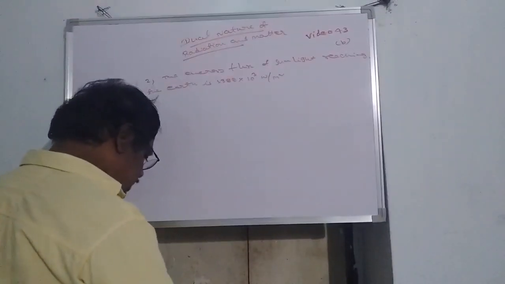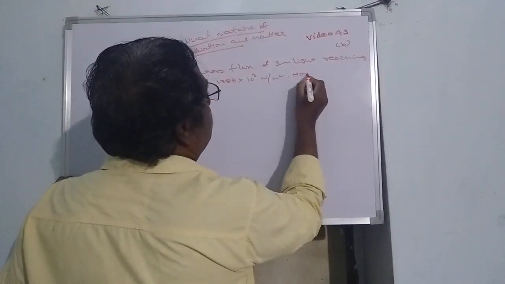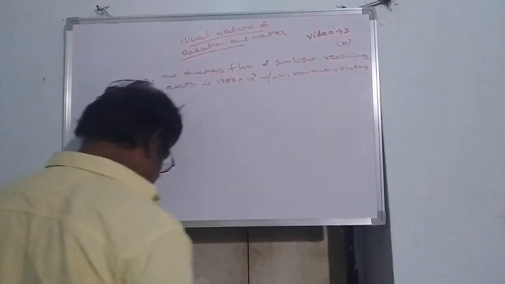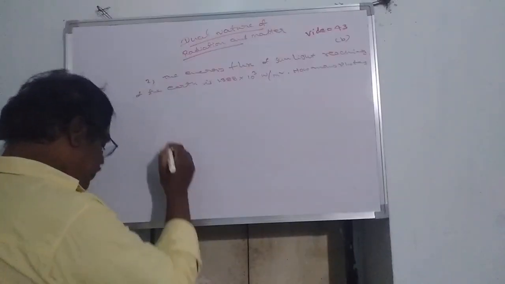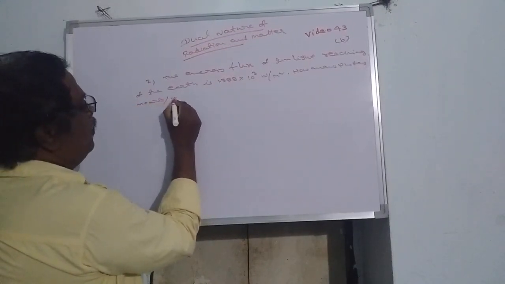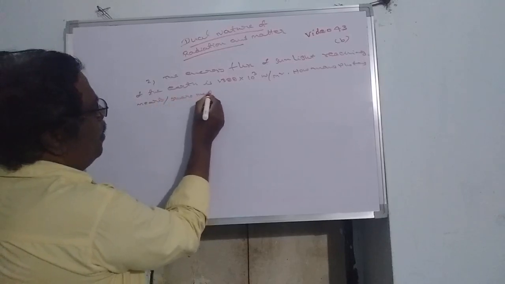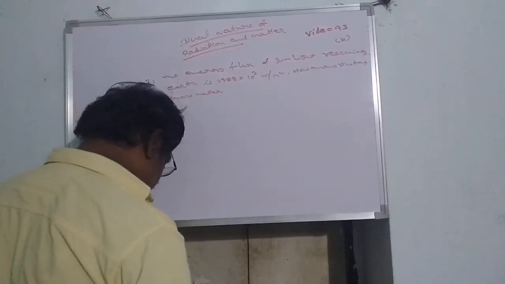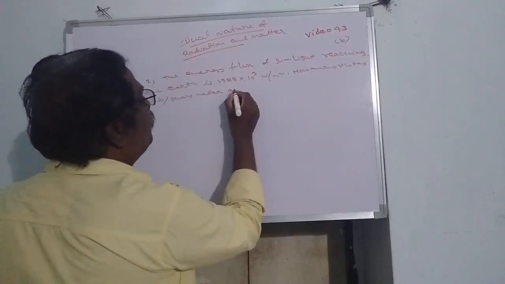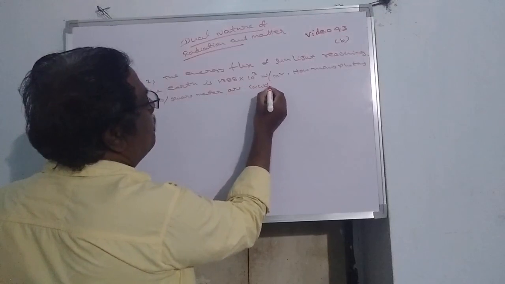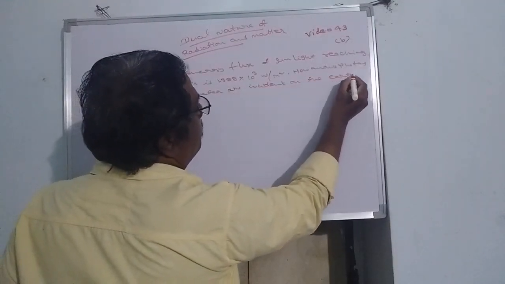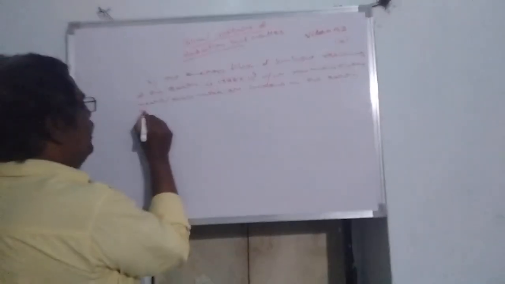How many photons nearly per square meter are incident on the earth per second?